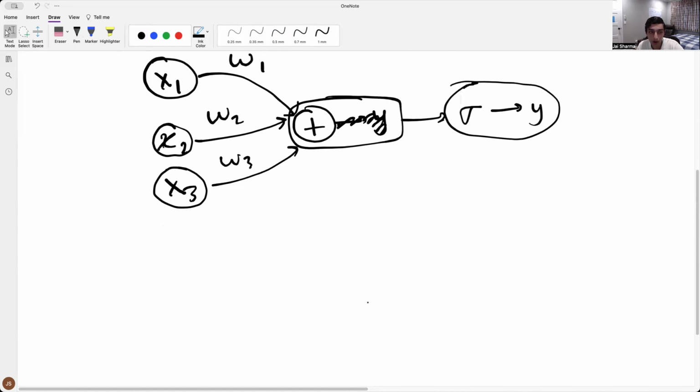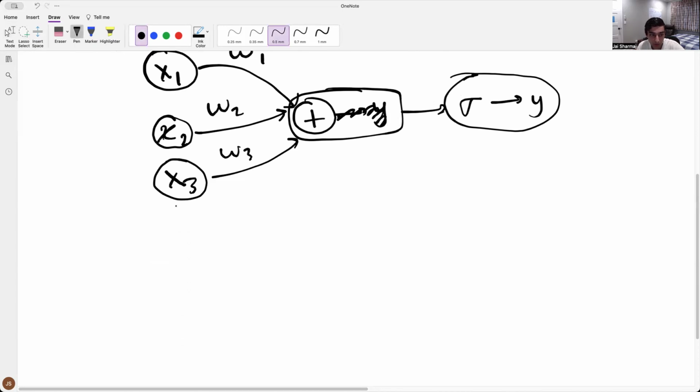But going on from now, I might leave out some information over here. Instead of telling you W1, W2, W3, you might just assume that there is something being multiplied over there, just by the fact that there exists a line that connects the two of them.